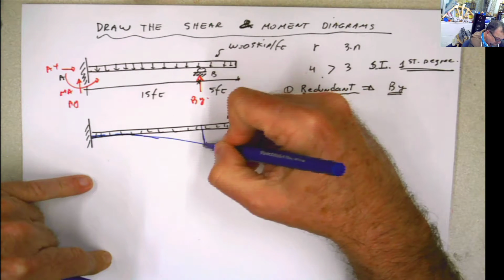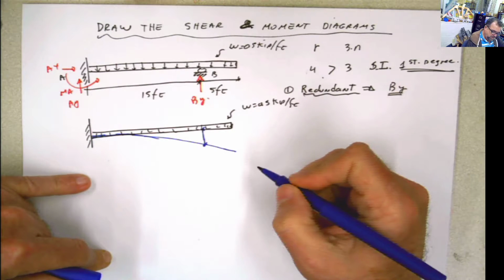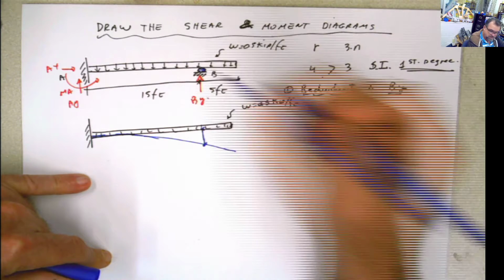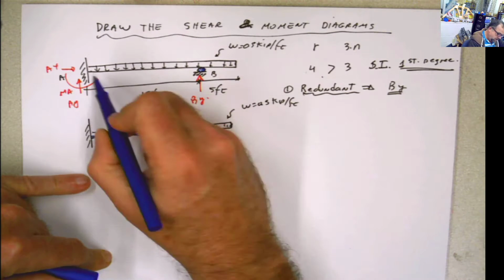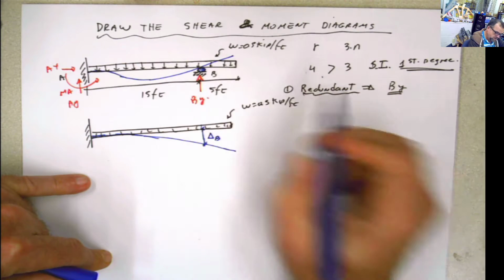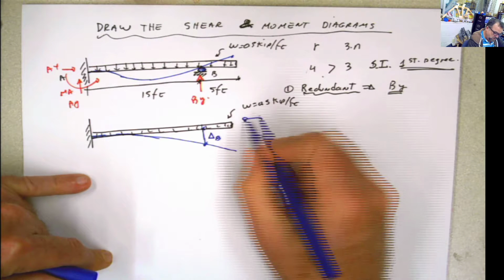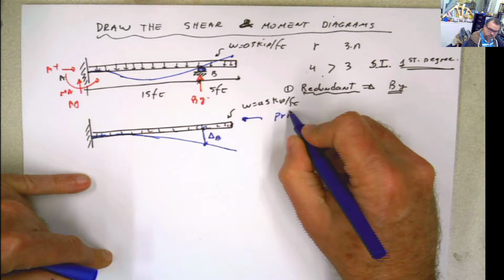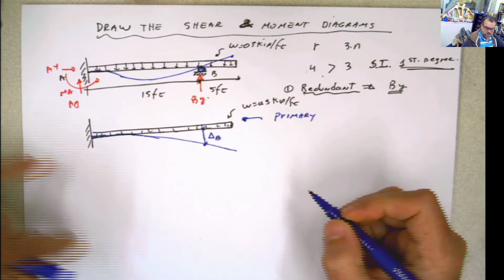At the point where my reaction B on my roller was placed, I know the original deformation should be 0, but here you're gonna have a deformation delta B. Remember, the deformation should be something like this, kind of. So here the deformation is 0, but in this one, which is called the primary structure, as we said before when we used virtual work, you're gonna have a deformation delta over there.